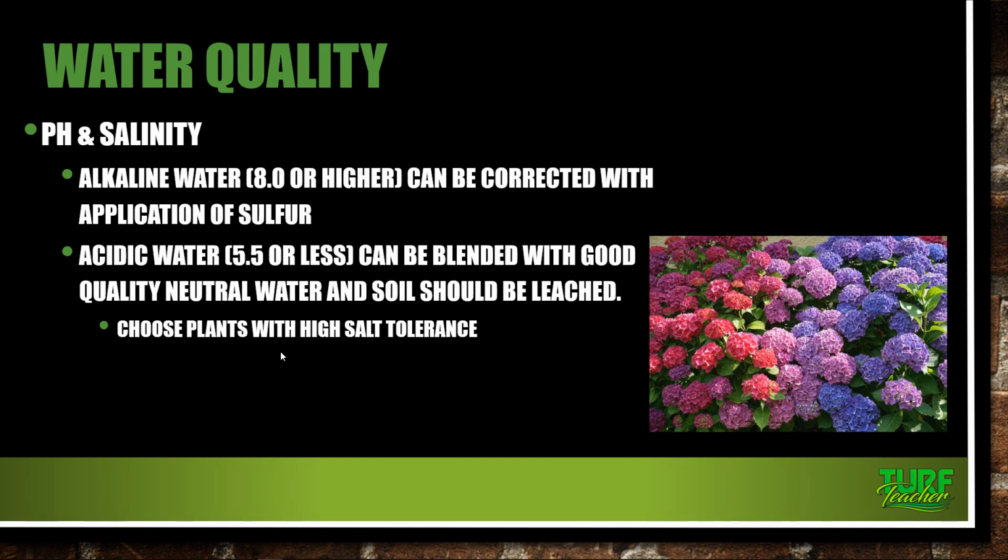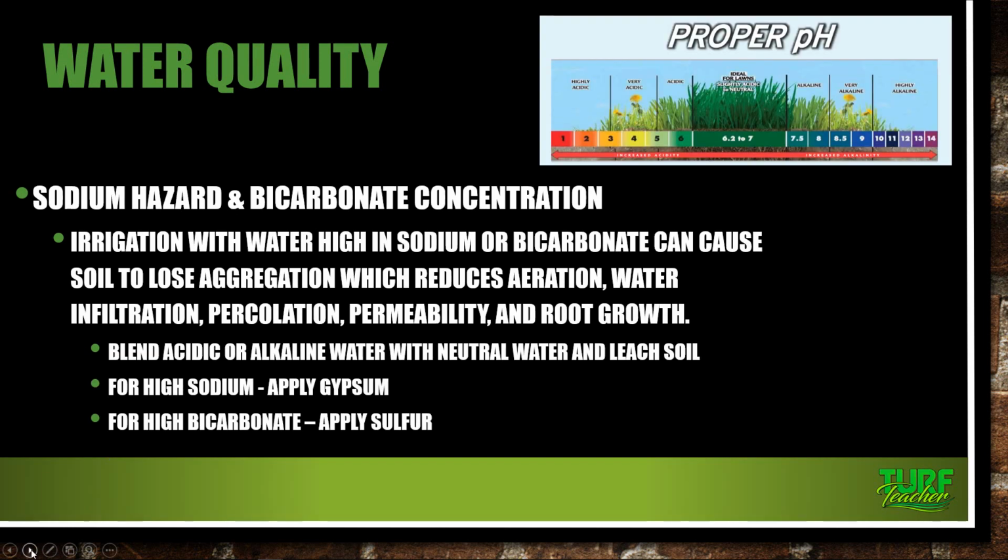Think about the plants that you see at the beach, guys. If you've got a property up here in the Triad and you have a problem with salt in the soil, just look at the plants that you have down at the beach. That helps to identify it. But guys, you got to know your plant materials.